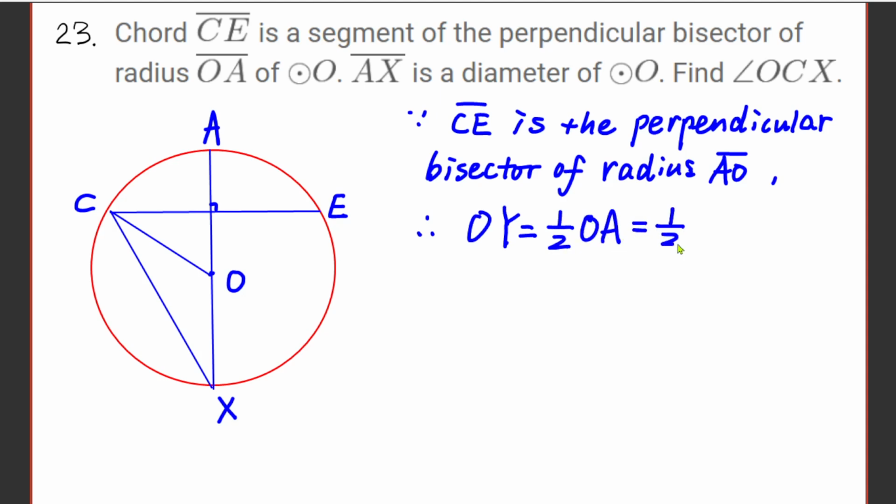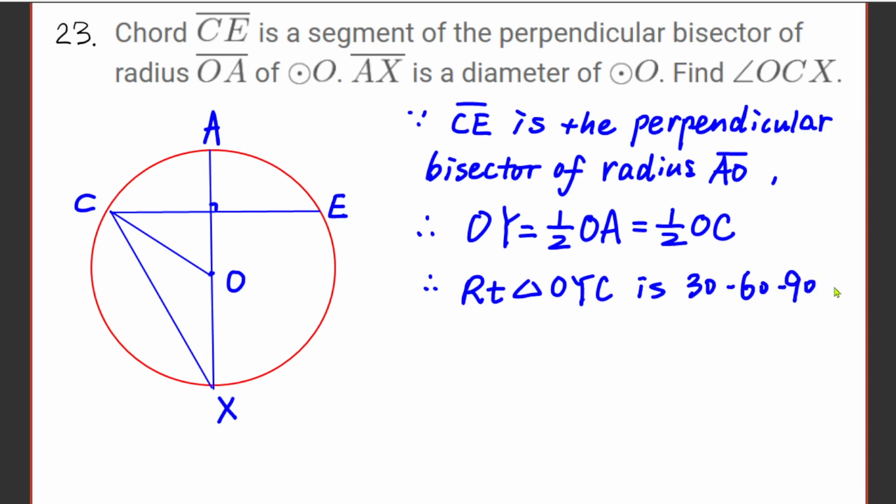Which equals half of OC as well. And therefore, right triangle OYC is actually a 30, 60, 90 triangle, right?